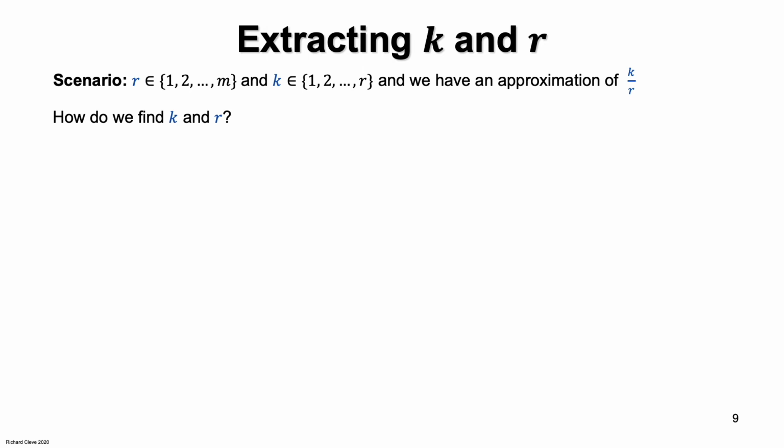To be clear, we have no information about k and r, except what we can deduce from the approximation of k over r. To get a sense of this problem, let's look at the case where m is 8. What are all the possible rational numbers in that case?